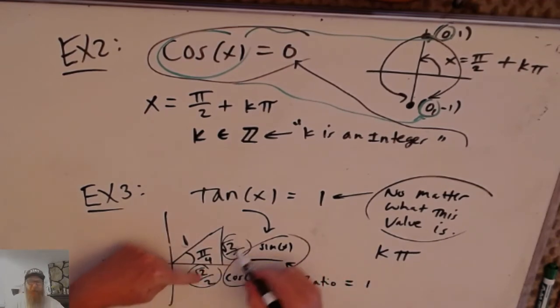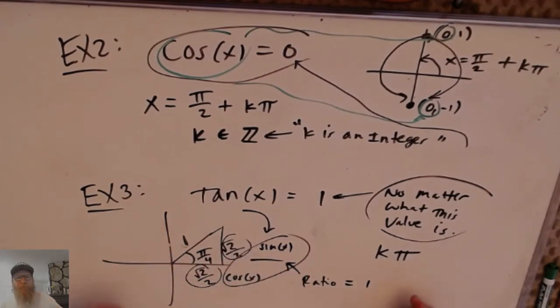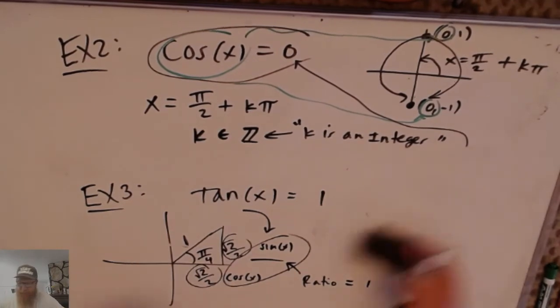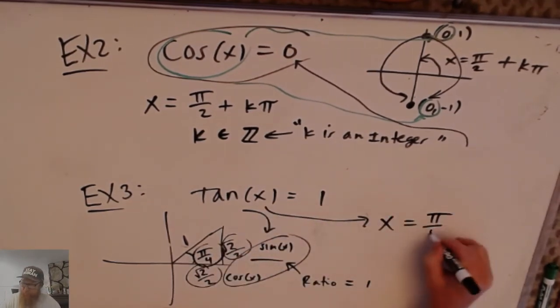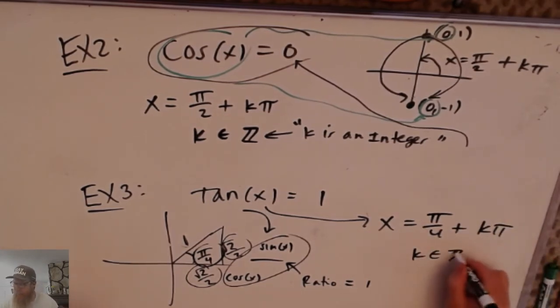So the ratio here is 1. Root 2 over 2, root 2 over 2. That's 1. I better give you the answer. So the answer will be pi over 4 plus k pi, where k is an integer.